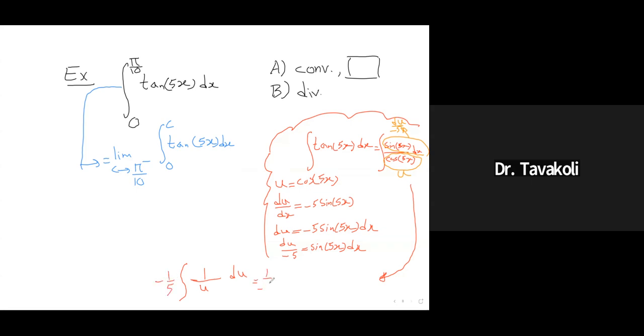And the antiderivative of 1 over u is ln of absolute value of u plus c, but since it's an indefinite integral, eventually we don't need that plus c. But what is u? u is cosine of 5x, so ln of absolute value of cosine of 5x.